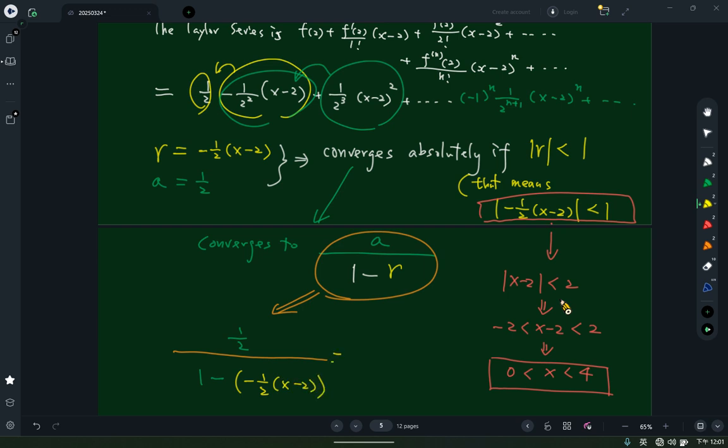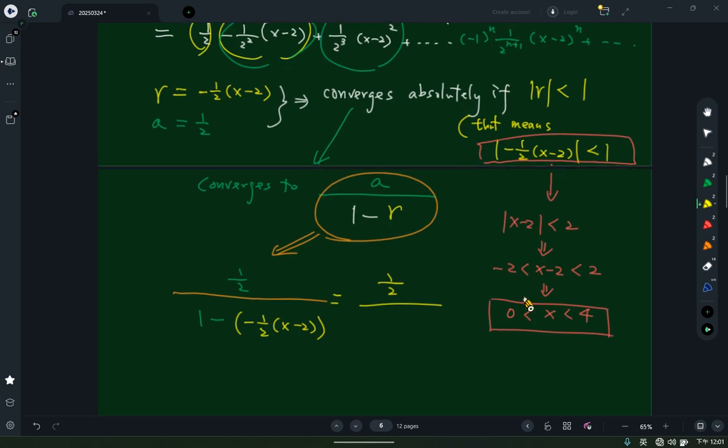So it will be 1/2 over 1 plus 1/2 x minus 1. You can see finally this part cancelled and this part cancelled, then finally it's 1 over x.